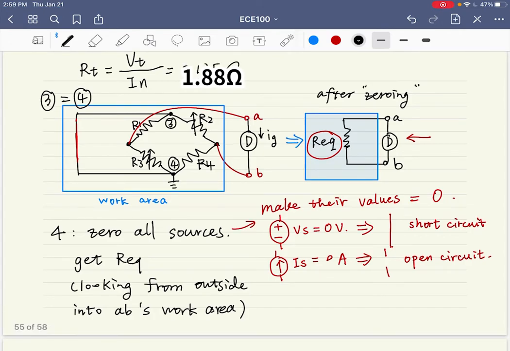Okay, so R1 is between 3 and A, R2 is between 3 and B, R3 is between 4 and A, and R4 is between 4 and B. Excellent.